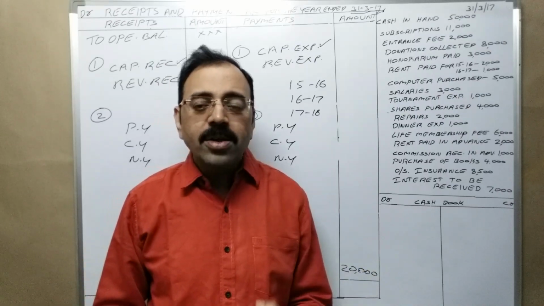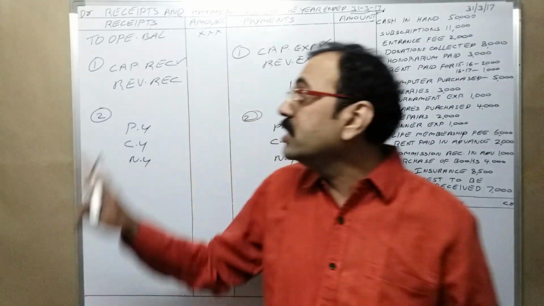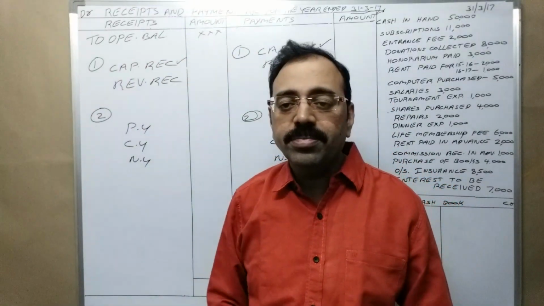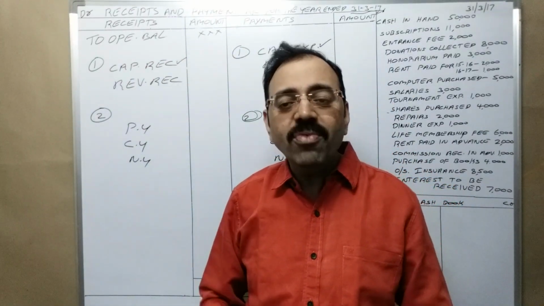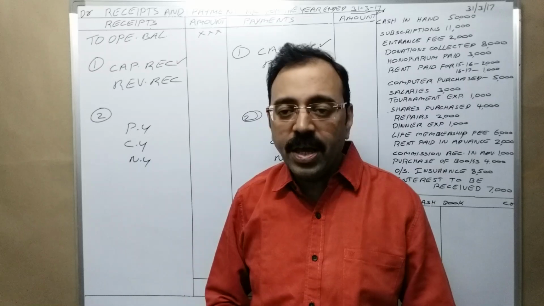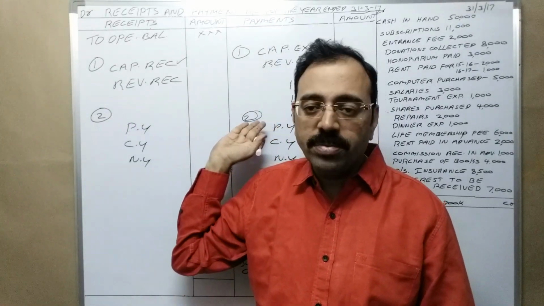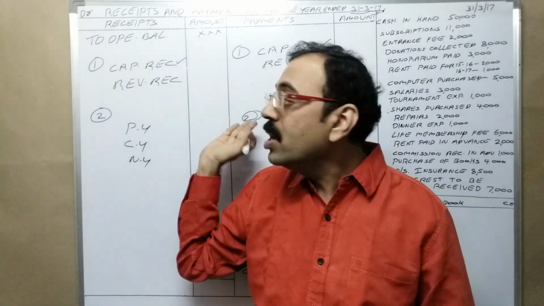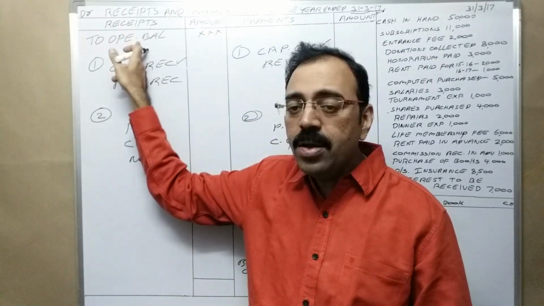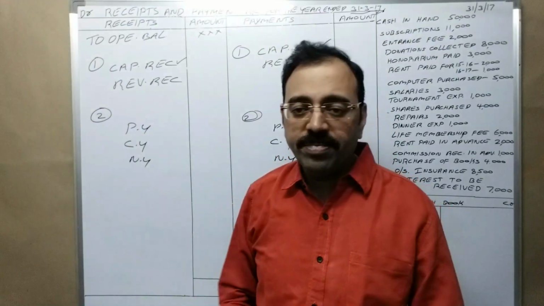What are they? First point is, it is a real account. So the real account rule we are following, that is, debit what comes in, credit what goes out. As per that rule, receipts are to be debited, payments are to be credited.